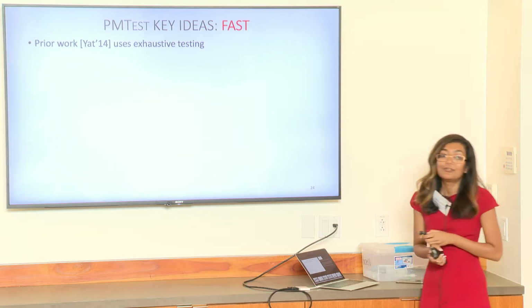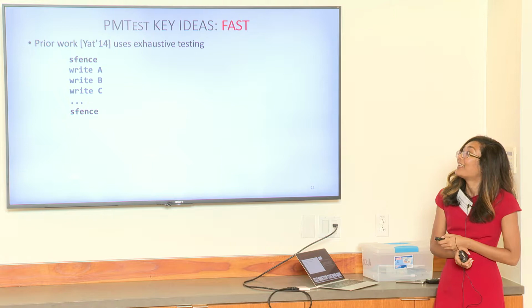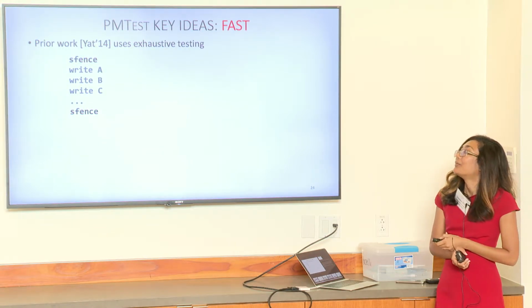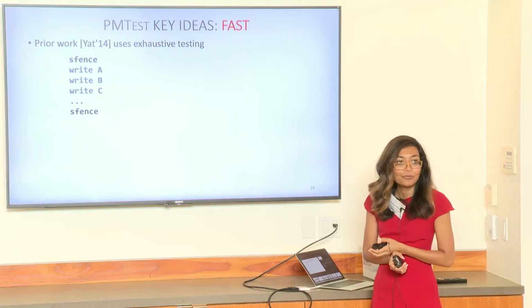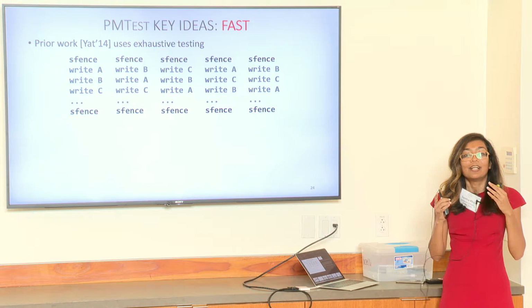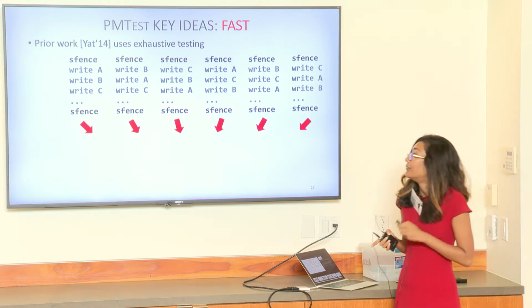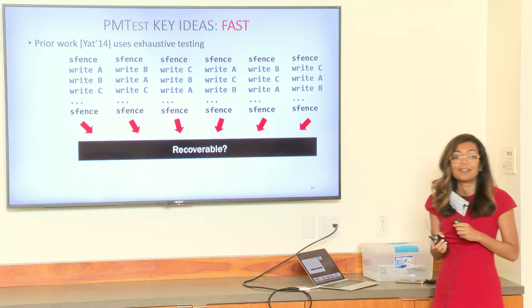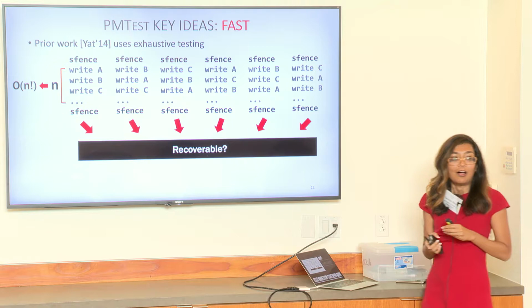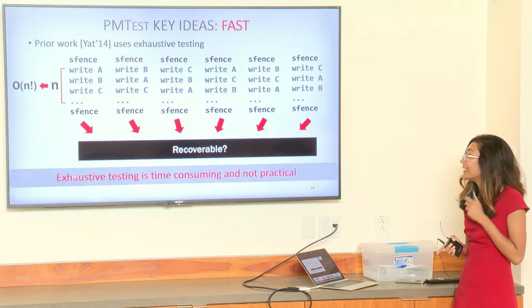So in order to design a tool which is fast, let's first take a look at what existing tools do. YAT is a tool from Intel where basically they take every possible combination of the writes and crash them and see if they can recover correctly or not. So basically, it's an n factorial number of combinations they have to test.